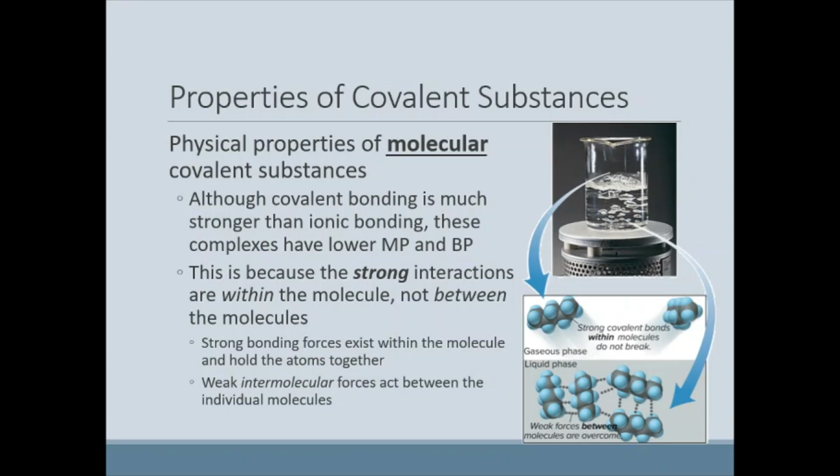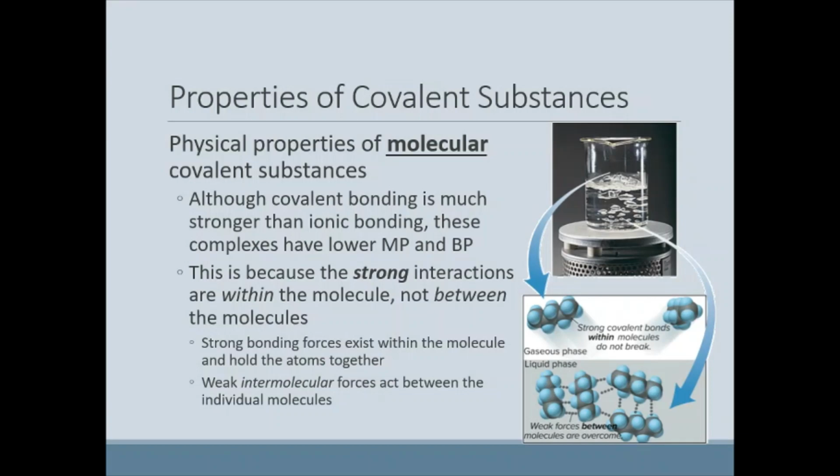When we talk about these, there are actually two different types of covalent substances that we are going to talk about. The first one is called molecular covalent substances, which is what we normally deal with when we talk about molecules. In these cases, there are strong interactions between all the atoms, but there are not strong interactions between each of the molecules. So if we have something like water, H2O, the attraction is between the oxygen and the two hydrogens.